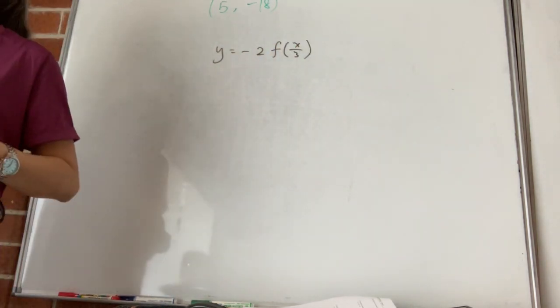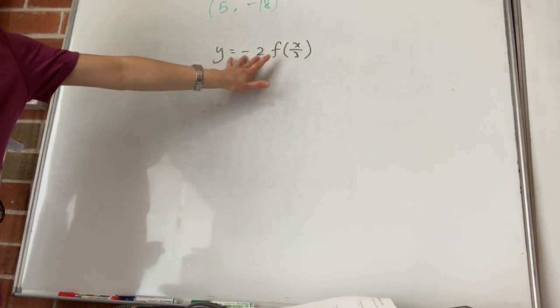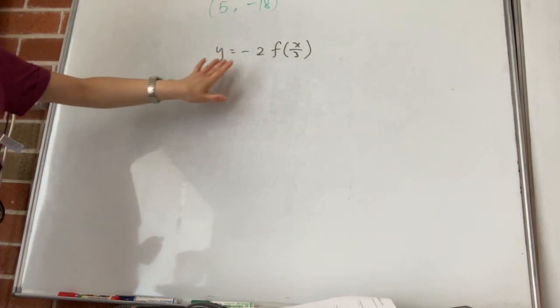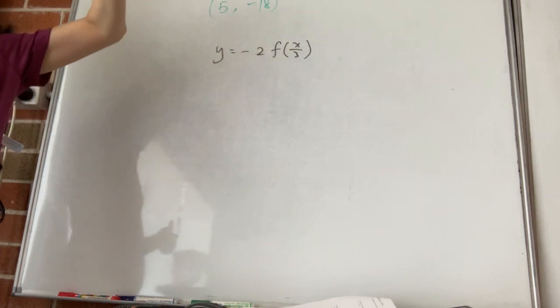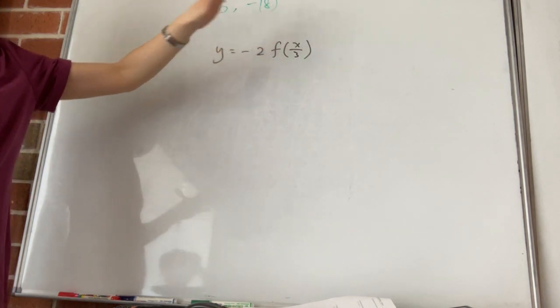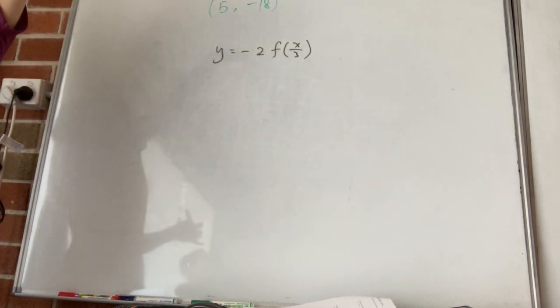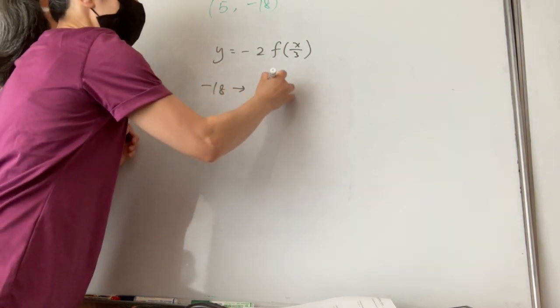And let's look at the y now. This whole thing needs to go down, right? The factor is minus. What happened to the minus? It flips it. So if it is a minus, from minus 18 it becomes positive 18.